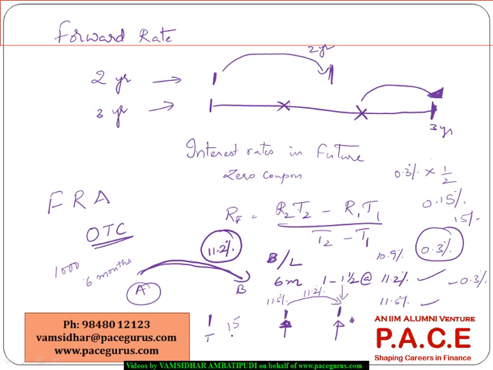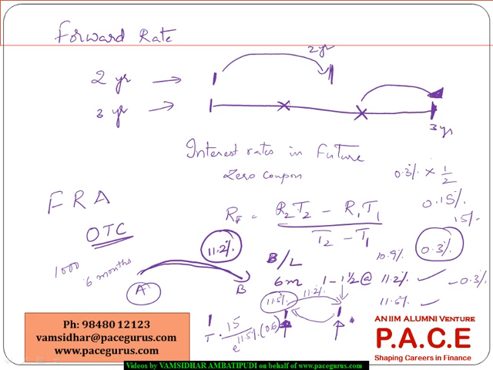So this $15, I can take to the present value as on this date when the interest rate is 11.5%. I can take it as e to the power of 11.5% into 0.5. This is what gives me the value of this forward rate agreement.